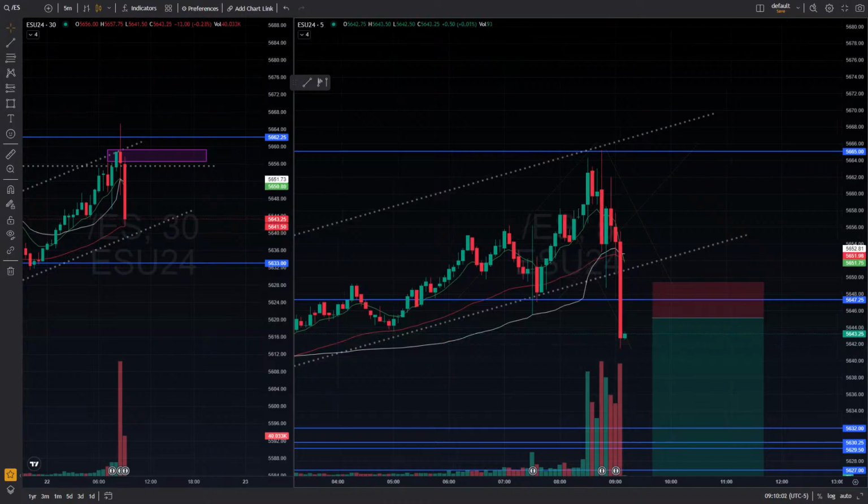So we might need to look to see the dome where they are sitting. Now I'm going to put an anchored VWAP on this 1 minute, our opening range, on our 1 minute candlestick. Regular trading hours? Yes, 9:30.